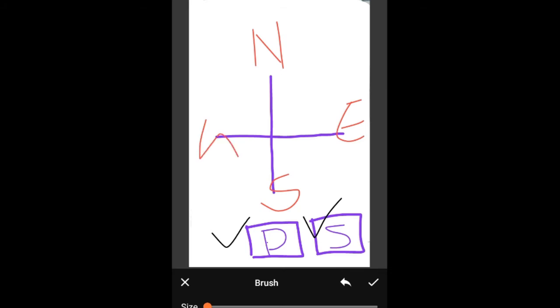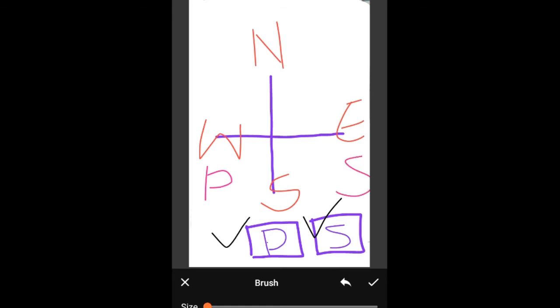Now according to this compass rose, the location of Paula's and Stan's was like this: Paula was here, and here was Stan's.